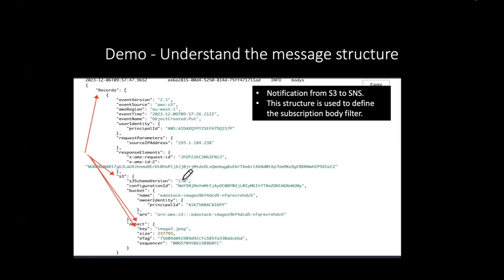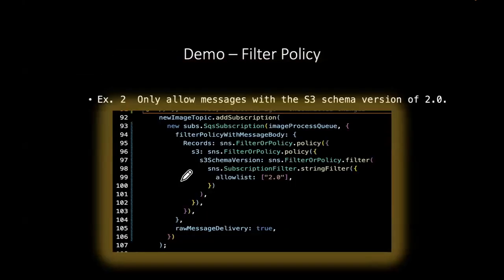We don't really know or care. So supposing we were only interested in messages where the schema version is 2.0, then this would be the filter declaration. Again, same kind of story as before, except we're only going as far as the schema version, because that is a sub property of the S3 object, and it's a string filter again.